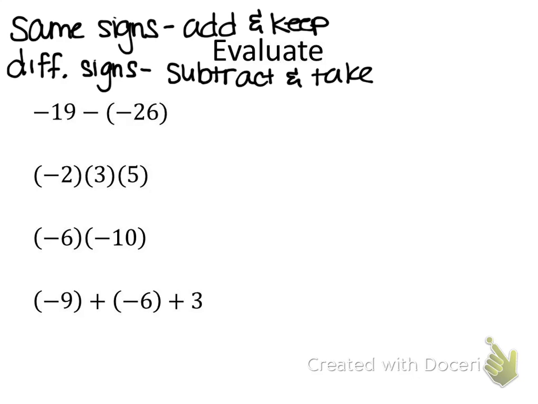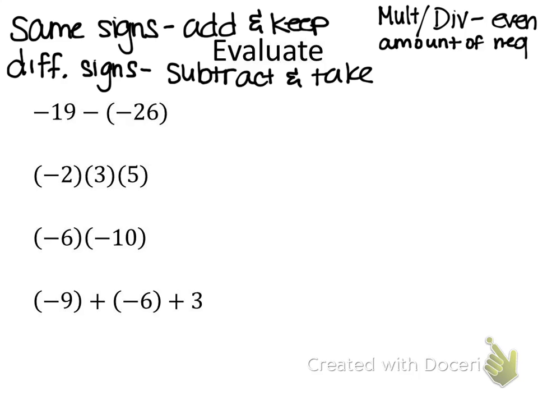All right, then multiplication. So that's rule number 1, rule number 2, multiplication. This is for multiplication and division. Even amount of positive signs or negative signs, is my answer going to be positive or negative? Positive.